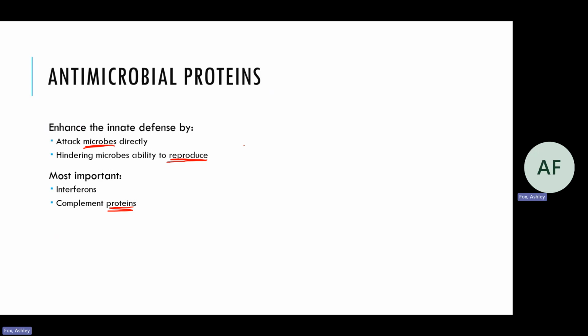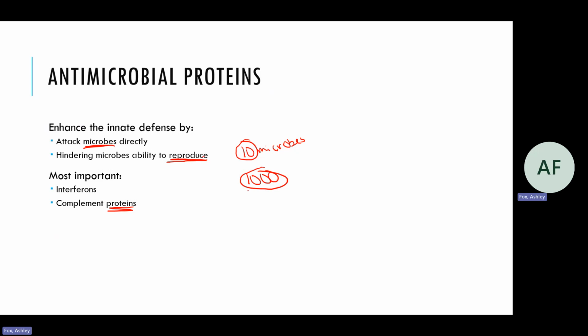Again, all these microbes reproduce very quickly. So if we can maintain a population of 10 microbes, instead of letting them reproduce to 1,000, well, it's much more manageable to handle 10 microbes, to stop their ability to reproduce and make 1,000 really quickly. So being able to stop the reproduction gives time for your immune system to respond.